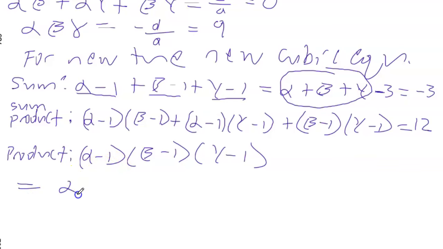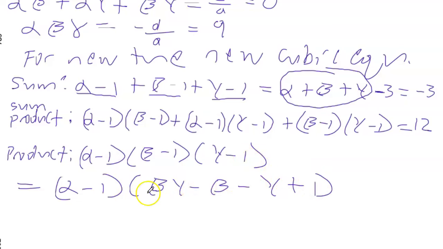Let's keep the alpha minus 1 and expand the beta minus 1 times gamma minus 1. So beta times gamma, that's beta gamma. Beta times minus 1, that's minus beta. Minus 1 times gamma, that's minus gamma. And minus 1 times minus 1, that's positive 1.